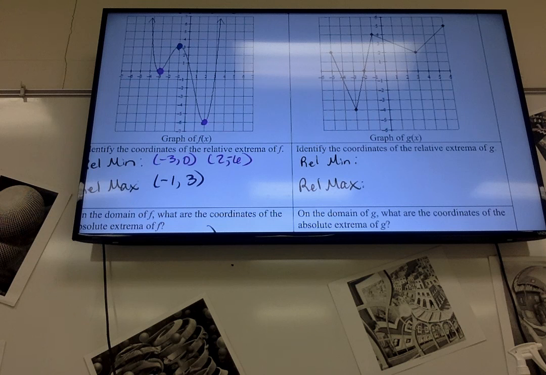Okay, lowest points. (-3, -4) and (3, 2). Yep. Those are both at the bottom of the valley, basically.